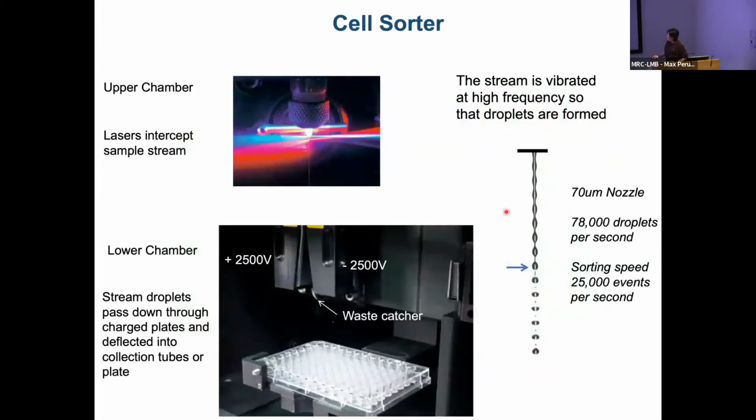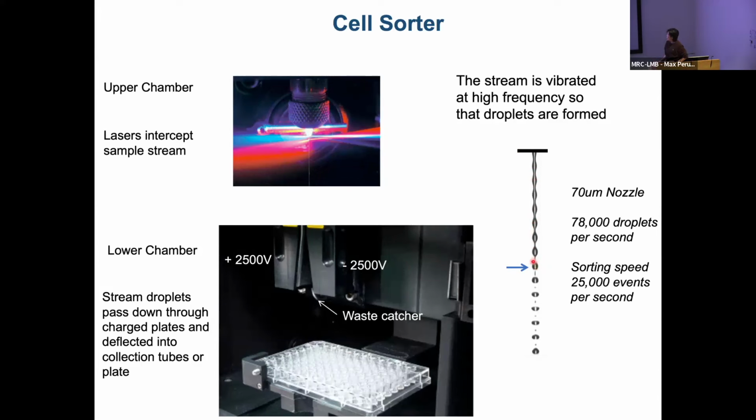So briefly, this is how a cell sorter looks. In the upper chamber, that's where you analyze your samples. You see there are interrogation points with different laser lines. After that, the stream will be shaped and generate many droplets. Your cells will be wrapped into these droplets. And when the cell of interest travels to the last detached droplet, that's when the whole stream is charged.